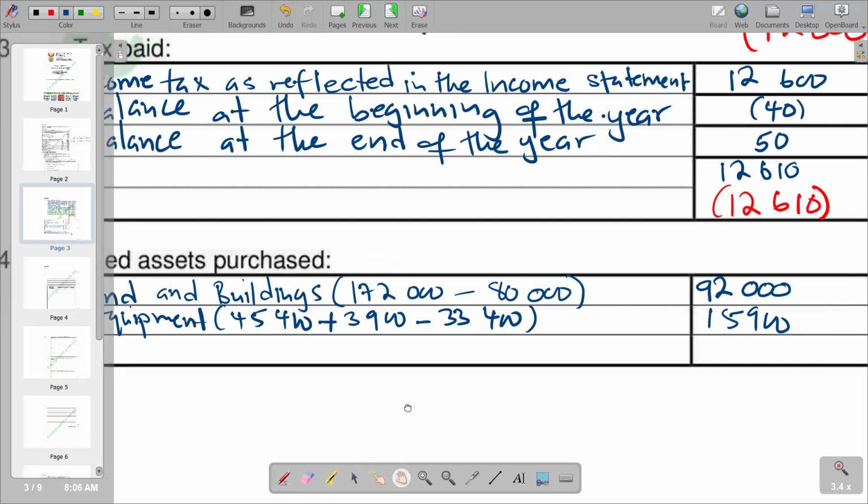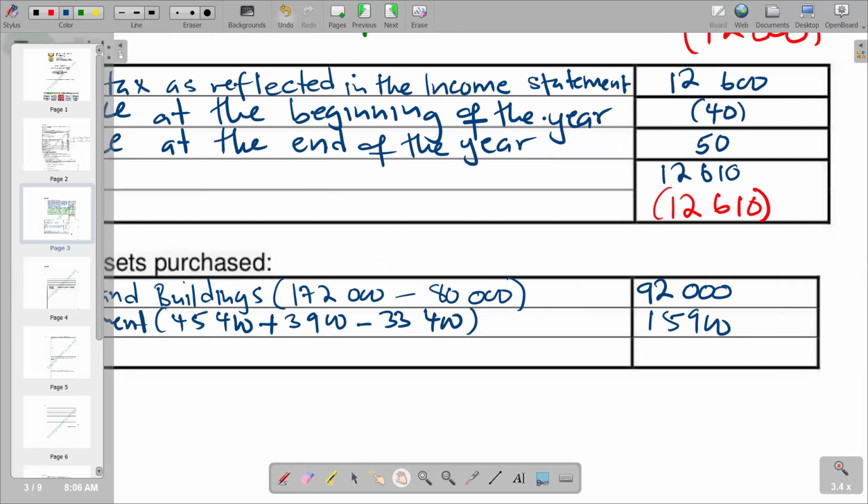So if you add the two, you will get the total purchased.